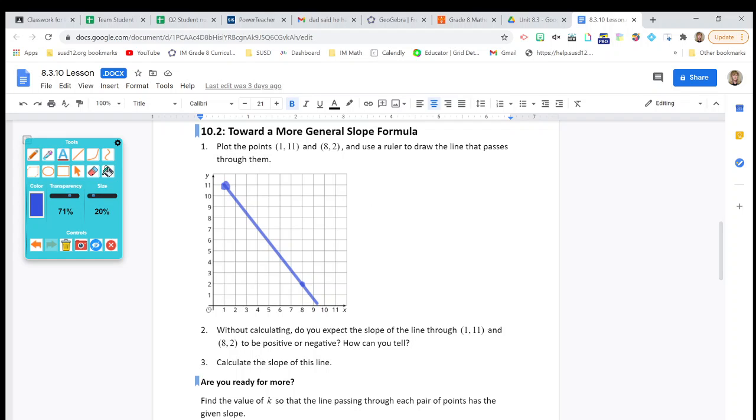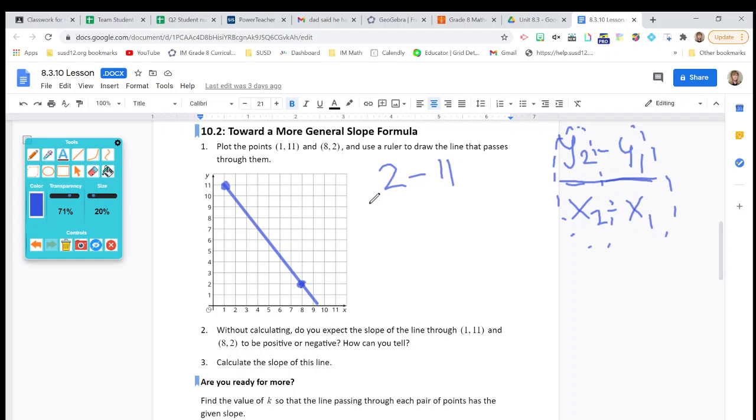So the change in y is going to be from here, y equals 2, to here, y equals 11. So 2 minus 11. This is what I'm doing. I'm doing y2 minus y1 over x2 minus x1. And this is the equation for slope. As long as you have the y2, x2 and the x1, y1 in the same positions, that's important.